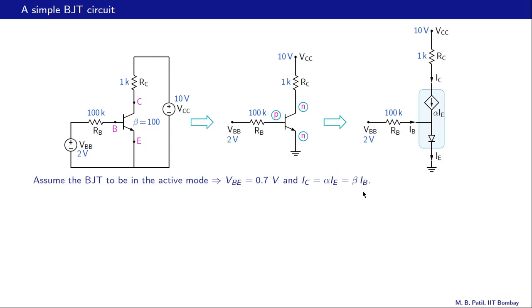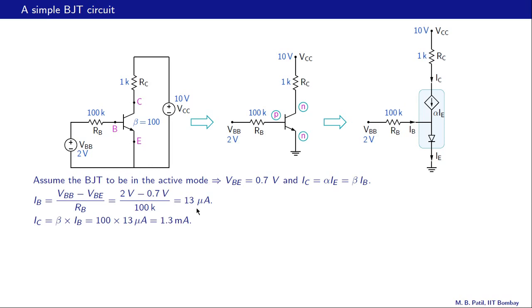Therefore, if we know this voltage drop, we know that this is 2 volts. So 2 minus 0.7 is 1.3 volts. So 1.3 appears here, and 1.3 divided by 100K gives us the base current. So that is what this equation shows, and that turns out to be 13 microamps.